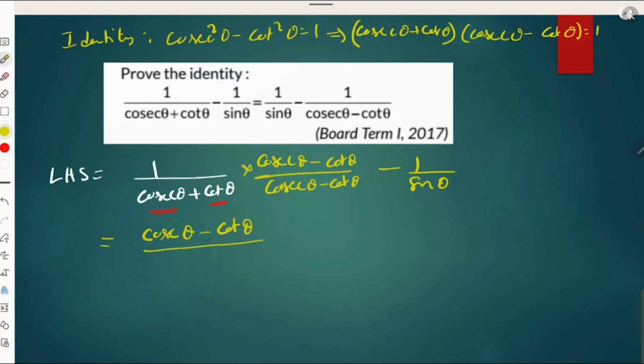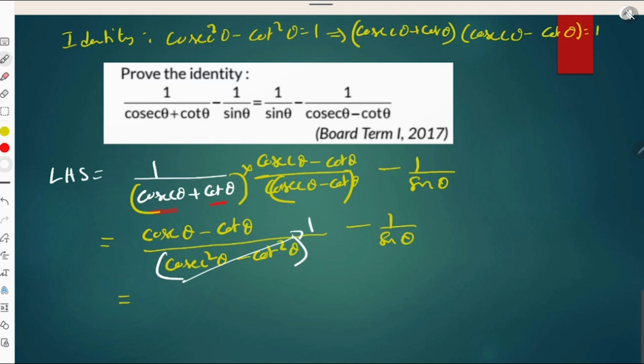By a plus b into a minus b, the denominator is cosecant square theta minus cot square theta, minus 1 by sine theta. What would be the value of this denominator? The value of this denominator is going to be 1. So, it is left with cosecant theta minus cot theta by 1, minus 1 by sine theta.